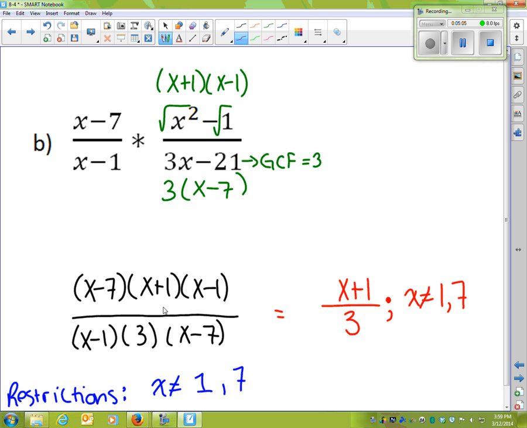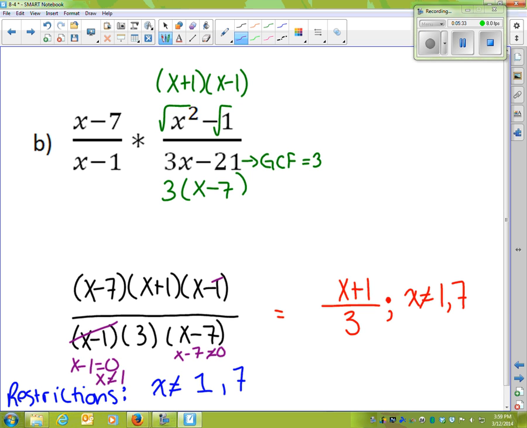I put them all together and stated my restrictions. If x minus 1 was equal to 0, and I solved, I got that x could not be 1, and x minus 7 cannot be 0. Add the 7 over, and I got that x could not be 7. Then I came back and reduced.